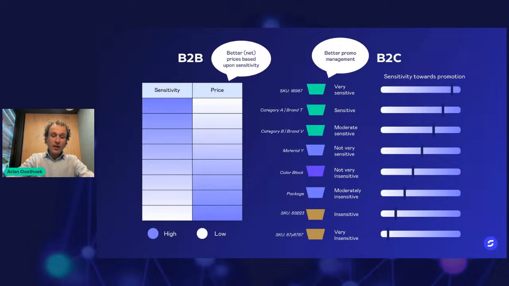Of course, you can experiment with it, but based upon data, we can give you a suggestion and a recommendation on which products are really beneficial for promotions, to drive traffic, to increase revenue, or to increase the total share of wallet of a customer.